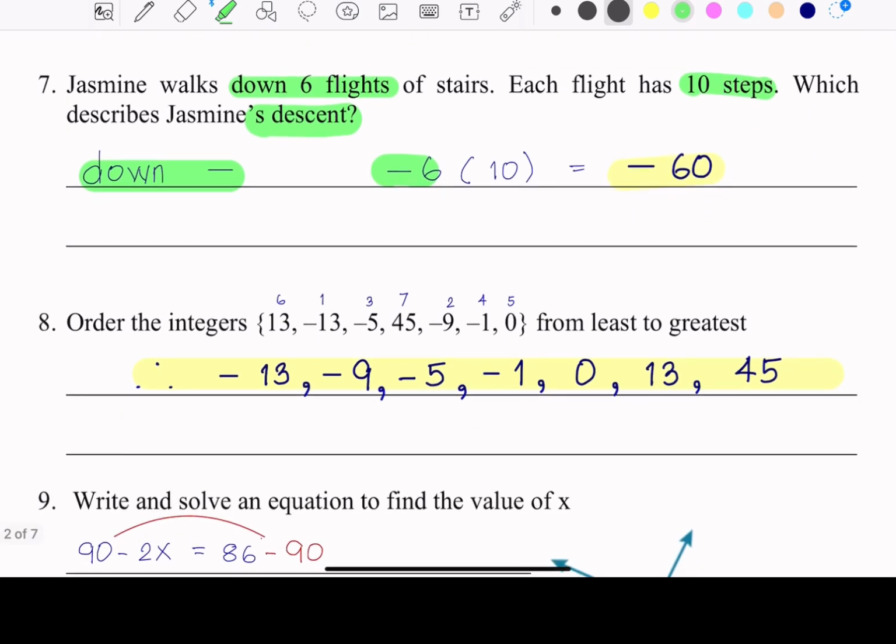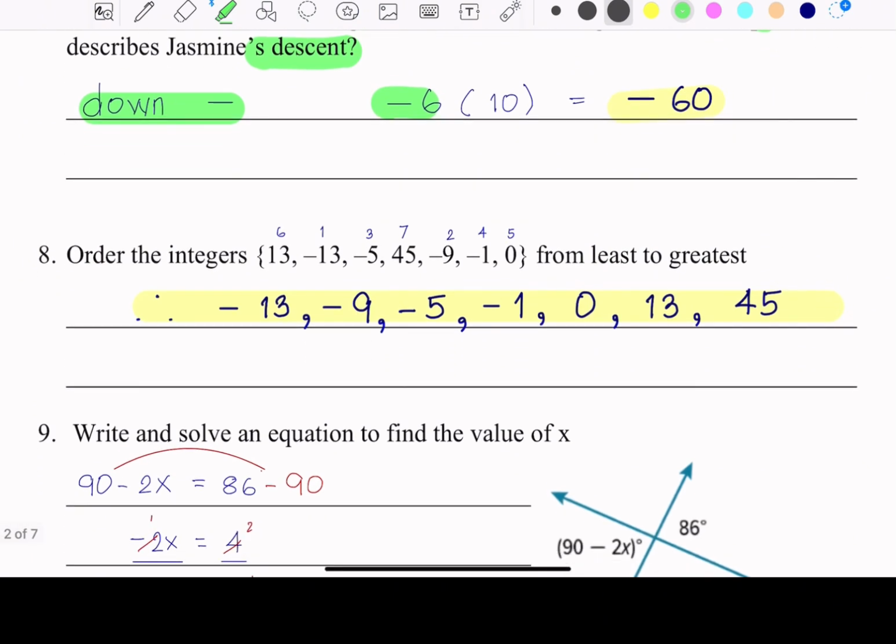Question number 8. Order the integers from least to greatest. Least means the smallest value, from small to big or going up. So the least value here is negative 13.